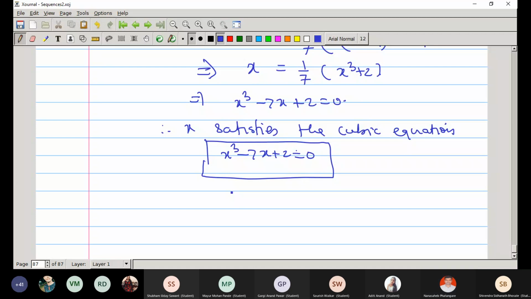If possible, I will send you some content with which you can find roots of such equations. There are methods to find roots of polynomials, such as Ferrari's method or Cardan's method.